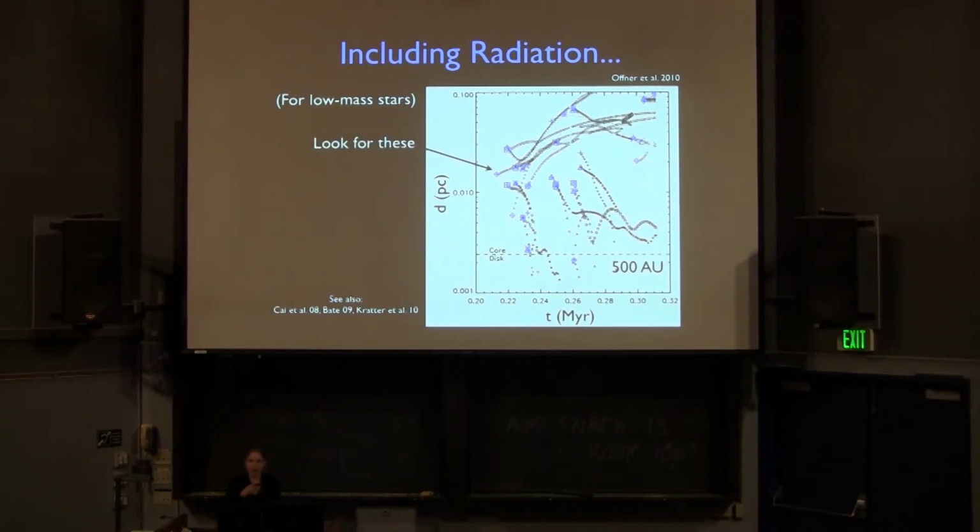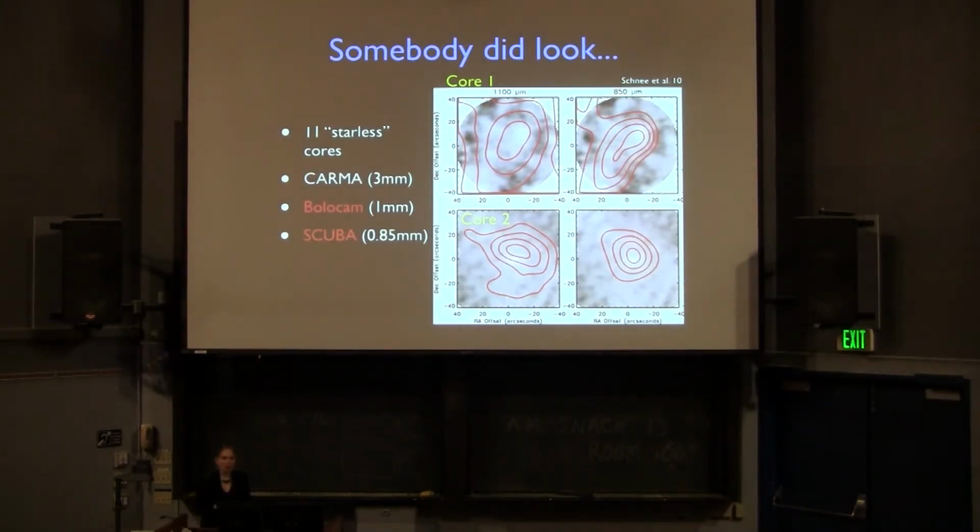So the idea is that, okay, if these are happening in the simulations, we can actually go out and look for these observationally and try and predict at the earliest times what the multiplicity might be and how it might arise. So this problem was inspired because somebody did go out and look for these types of structure in cores.